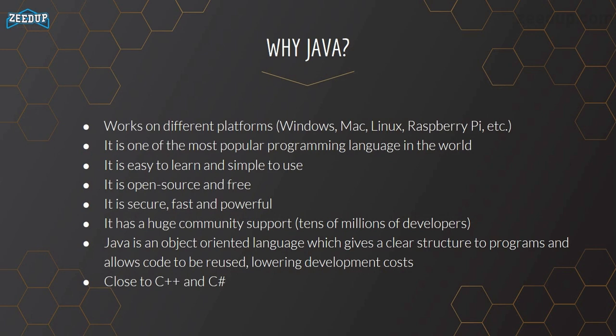Java is an object-oriented language which gives a clear structure to programs and allows code to be reused, lowering development costs. Object-oriented is a form of programming.